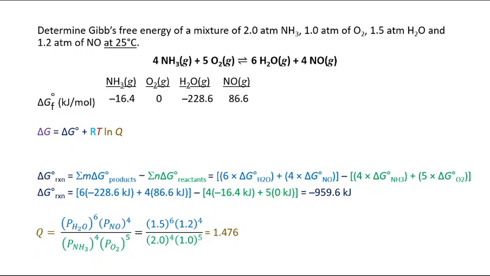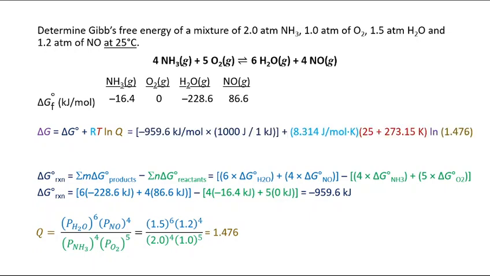And so, now that we know the standard delta G of the reaction and we know the Q of our reaction, we can just plug them in. R is always going to be 8.314 joules per mole Kelvin. Your temperature is going to be your 25 degrees Celsius plus 273.15 in order to get into Kelvin.